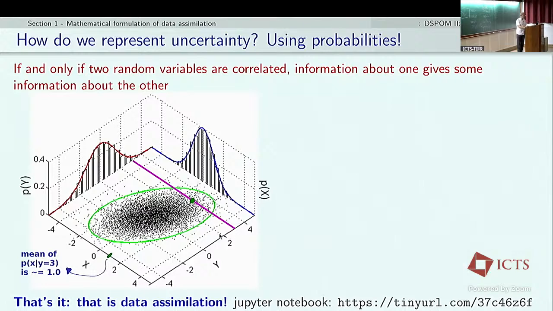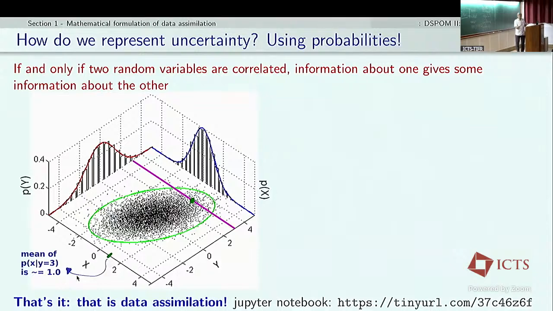What happens if I observe Y equal to 3? Then essentially we know that we are on this line. Technically, we should really be in a band around that, but okay. Now if we take the marginal along this line, then the mean is going to be shifted and not equal to 0. It comes out to be close to 1.